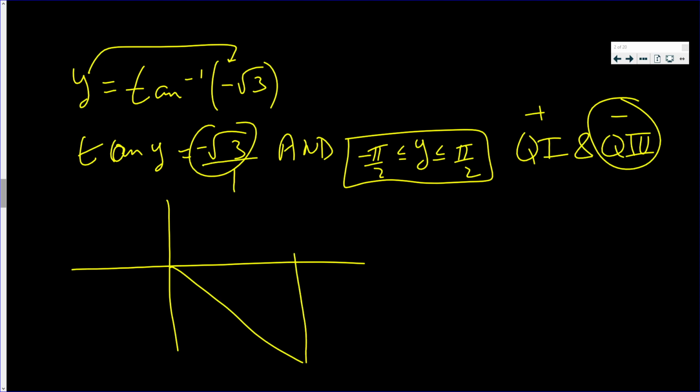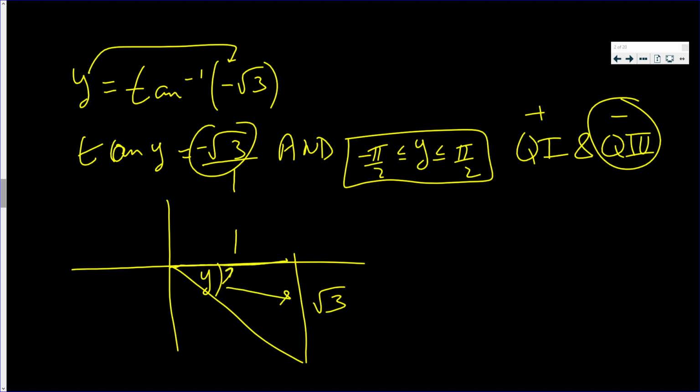Remember, this is the same as over 1. So there's y. The tangent of y is, now let's not worry about putting the plus minus signs yet, opposite over adjacent.